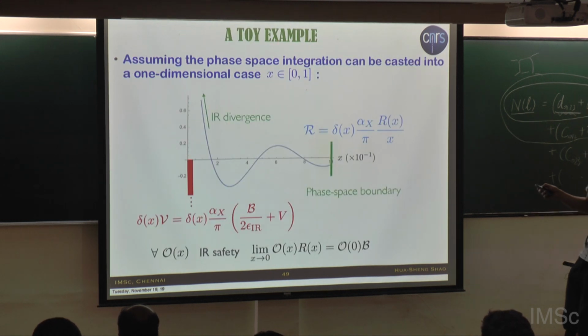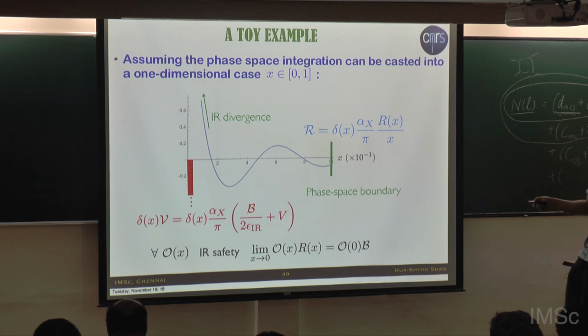Now I give an atomic example. We already saw examples previously, but now I will give you the general ideas through a toy example. Assume my phase-space integration can be cast into a one-dimensional case, just integrating dx, with x from 0 to 1.